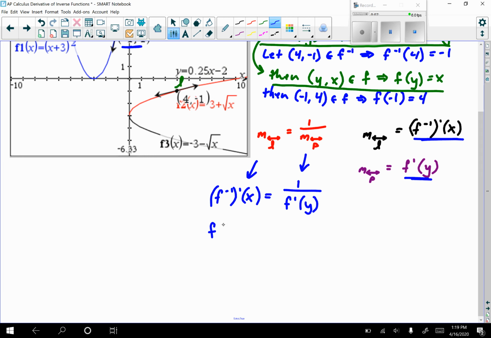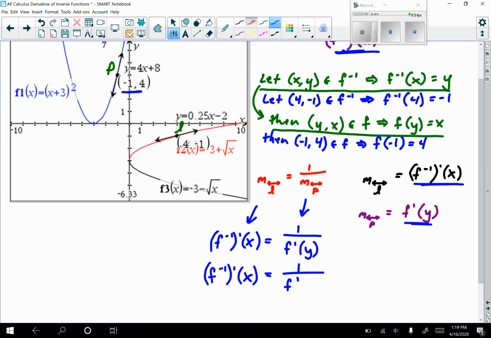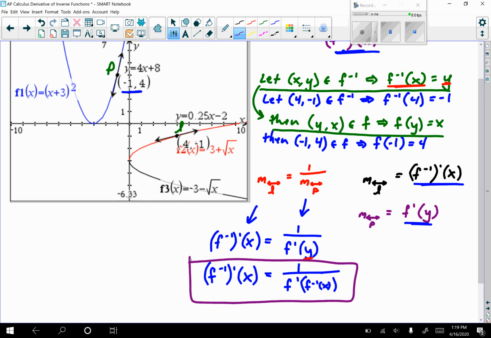So the derivative of the inverse of f of x is equal to 1 over f prime. Now if we go back up to the very top, I want to replace y with something. Up here y is equal to the inverse of f of x, so that's what goes in here, the inverse of f of x. It looks a little overwhelming at first, but this is our formula that we're going to use. So this is the derivative of an inverse function.